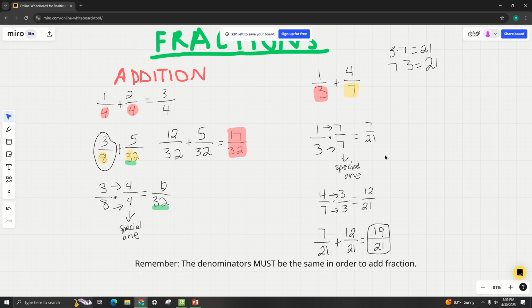So the denominators must be the same. We have to use our skills of multiplying fractions and finding equivalent fractions in order to add fractions with unlike denominators. If we get lucky and we have a problem where they have the same denominator, it's as easy as keeping that denominator for your answer and adding the numerators to get your numerator for your answer.